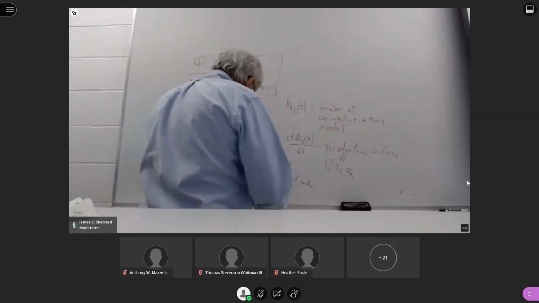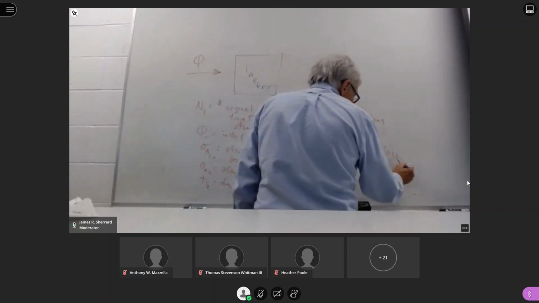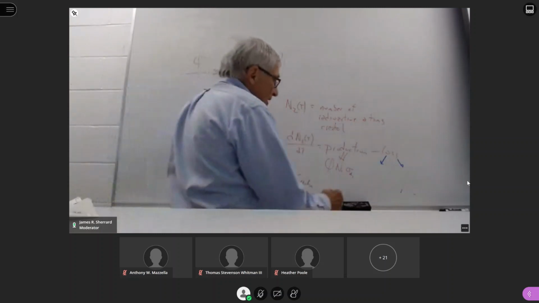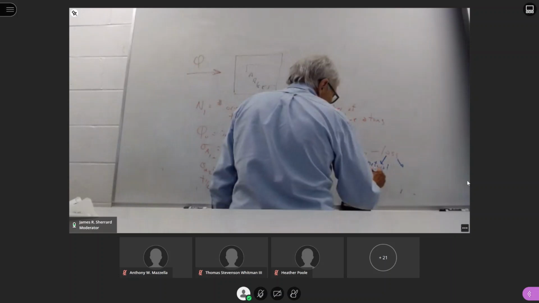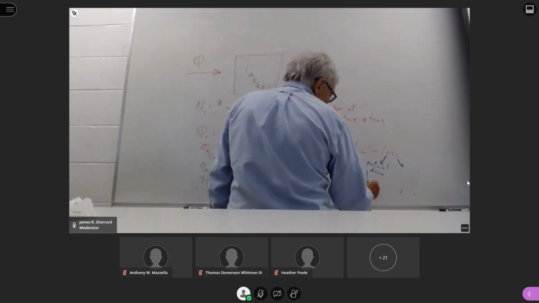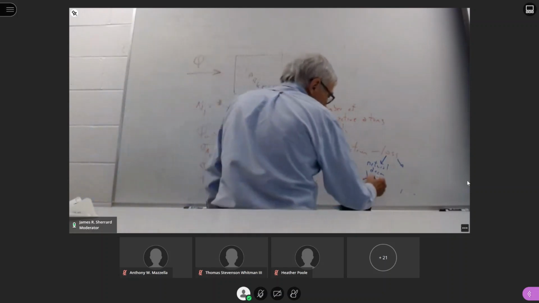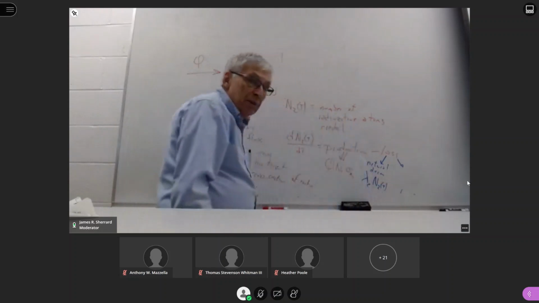When we look at losses, we have two of those. Since it is radioactive, we have natural decay. We know that's going to be the decay constant for 2 times however many number of those atoms we have at any particular time.